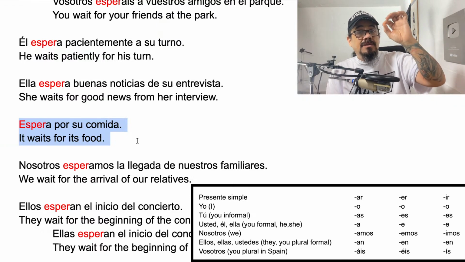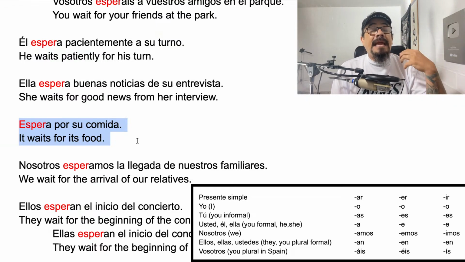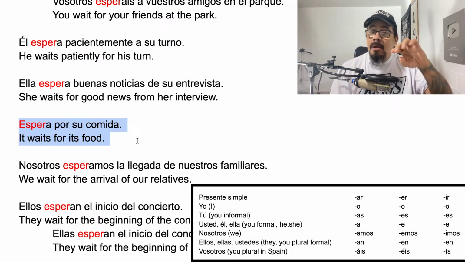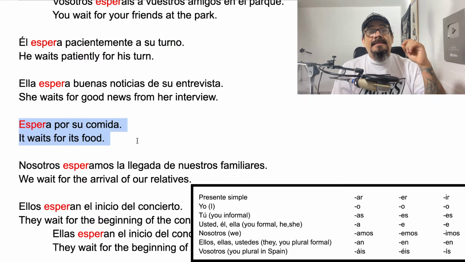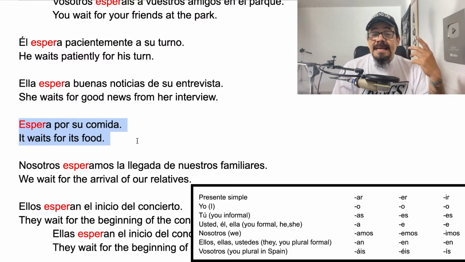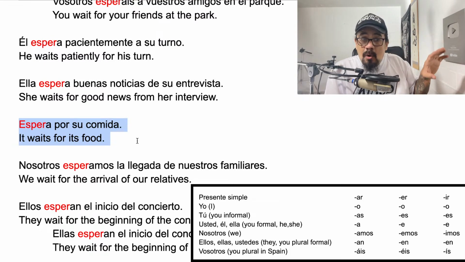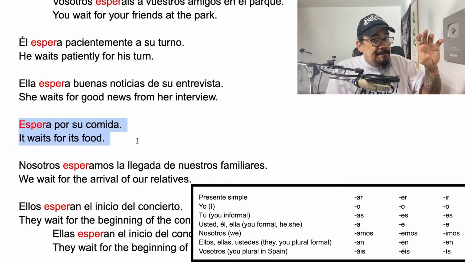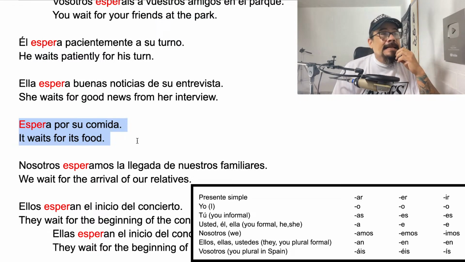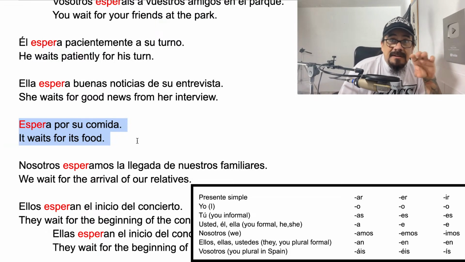It can be used as an object pronoun, and then we have to say the object pronoun. So this sentence means that there's an animal, an insect or something that is waiting for its food. Let's say a snake, right?